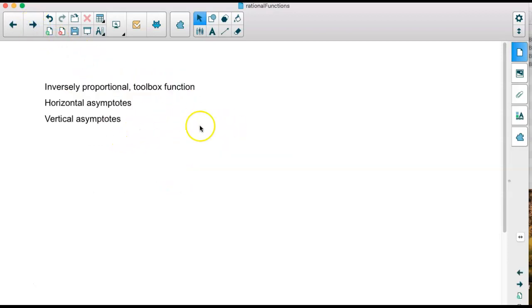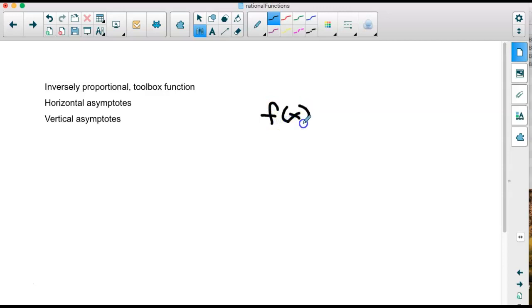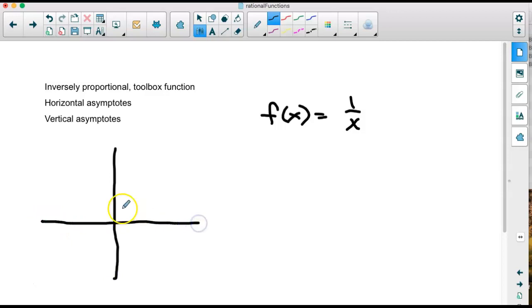So the inverse proportional function is the function f of x equals 1 over x. So it looks like specifically it has certain points that it goes through. It goes through 1, 1.